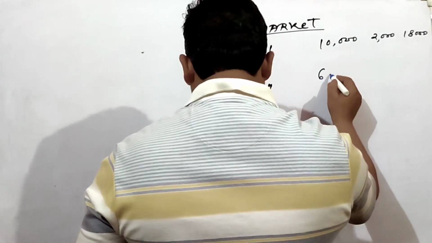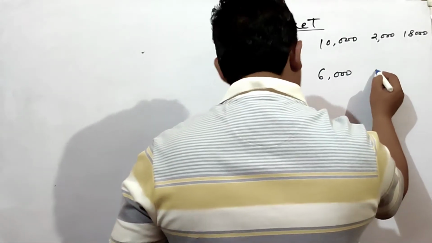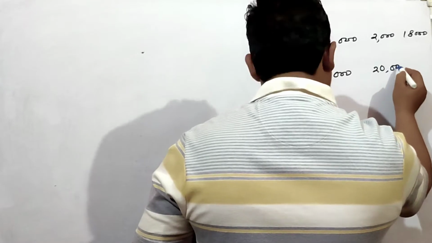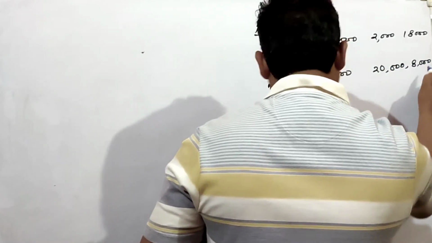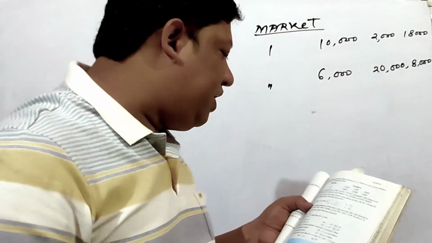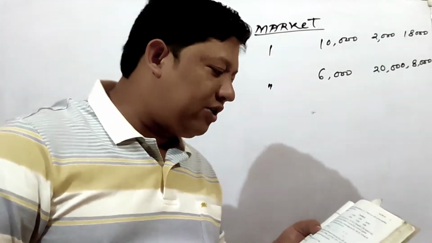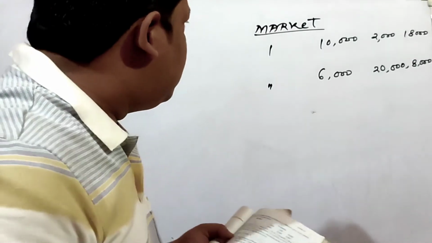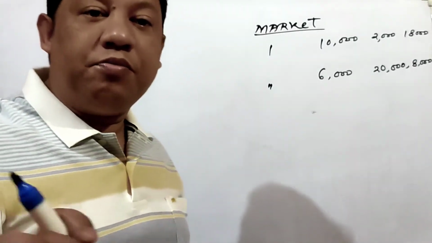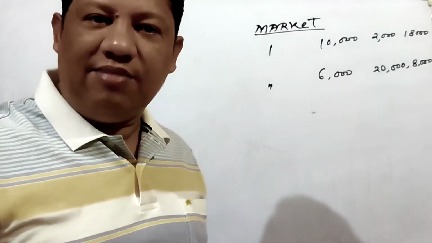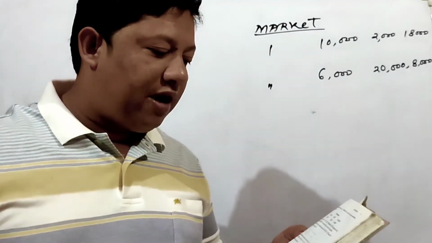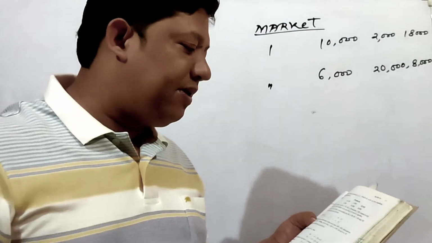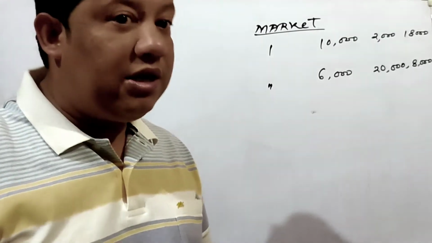Next, he gets 6,000, 20,000 and 8,000. If the unit sale prices of X, Y, Z for each market are given, for the first market 2.5, 1.5 and 1 respectively, then you have to find the total revenue.